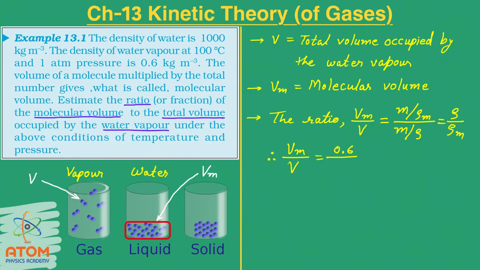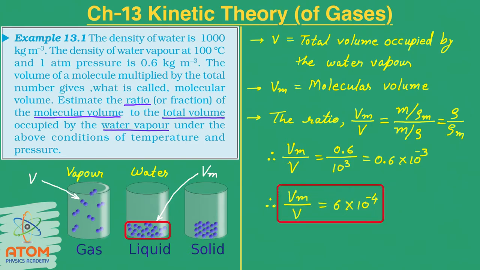But see, density of molecule will be equal to density of water, because in water all the molecules are very closely bound. That's why the density of water can be taken as density of H2O molecule, and that is 10 raised to 3. So we will get here 0.6 into 10 raised to minus 3. That means the ratio of volume that was asked, Vm upon V, will be equal to 6 into 10 raised to minus 4, and this is our answer.